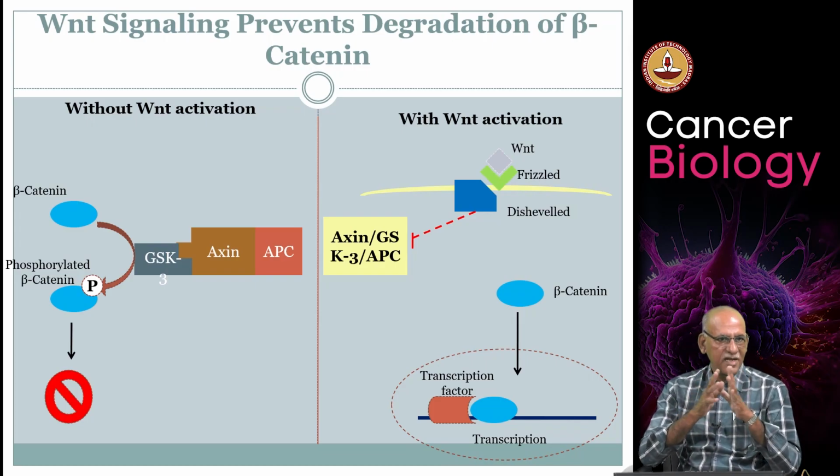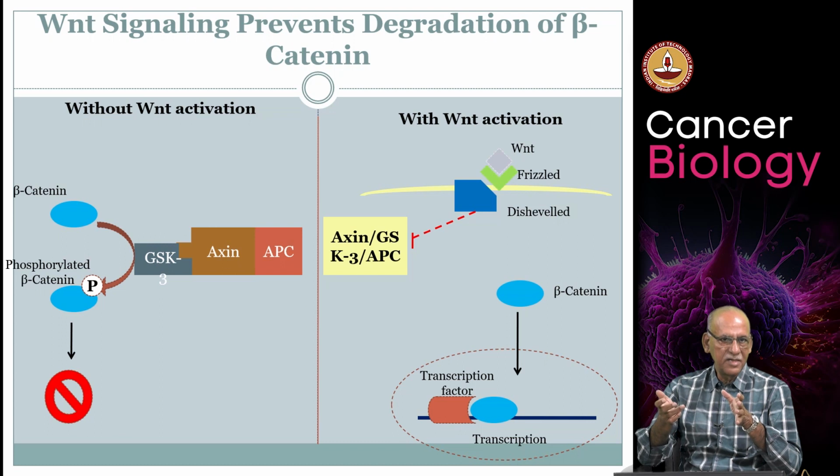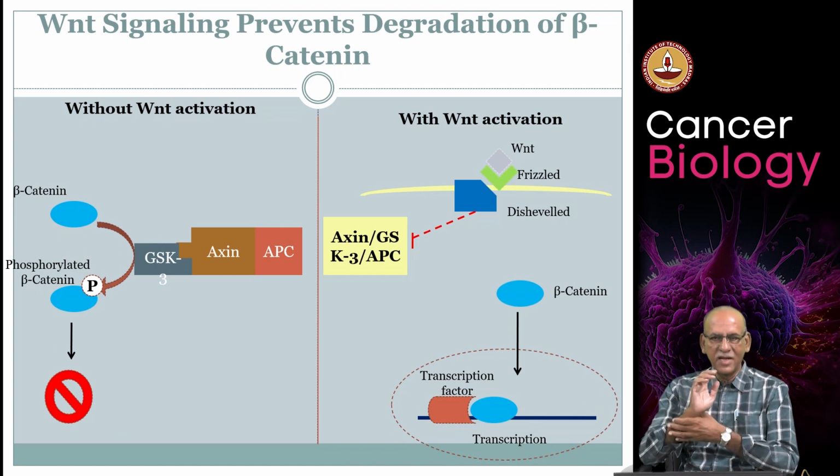It is almost like P53, if you remember. P53 and MDM2 complexes are there. MDM2 keeps it for degradation, so normally P53 level is kept low. Similarly, here beta catenin level is kept low. Only when there is a ligand do you get the translocation of beta catenin. These are simple mechanisms.